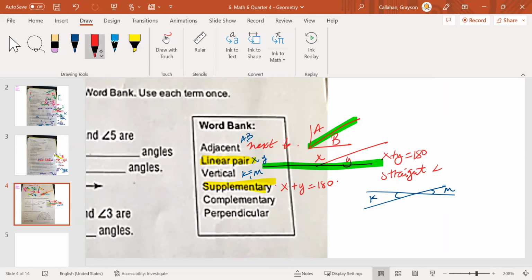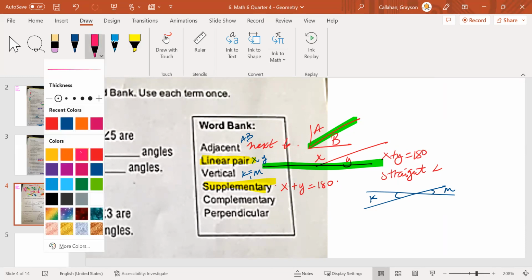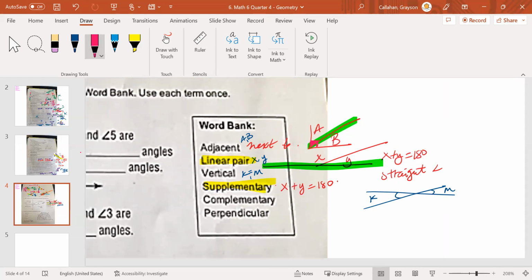Complementary means that they add up to 90 degrees. So two angles, like A and B right here. Do you see how the two angles add up to 90 degrees? So A plus B equals 90 degrees, or a right angle. That's complementary.